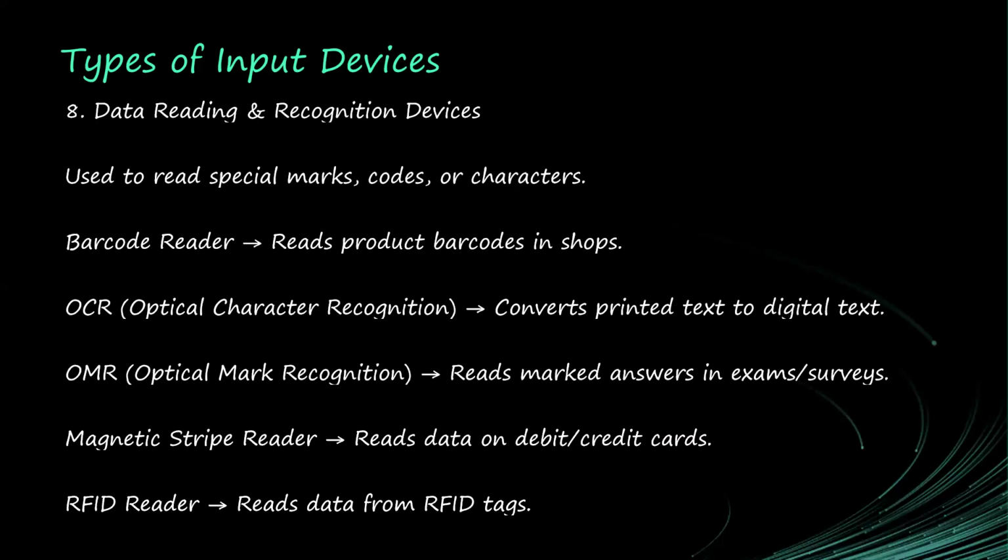You can see that there are a lot of input devices. You could be wondering, if I put my ATM card in an ATM machine or POS, how would they read and understand what is written on it? There's a special input device for that: the magnetic stripe reader reads the data on your debit and credit cards.